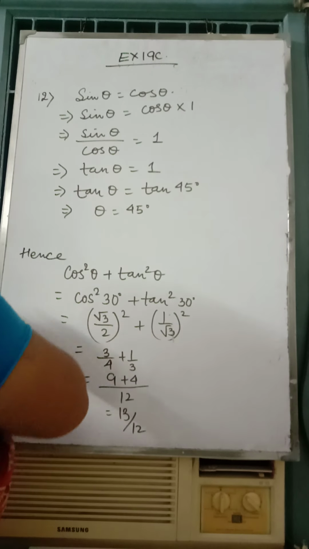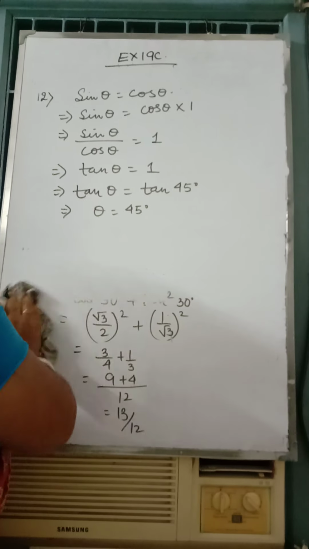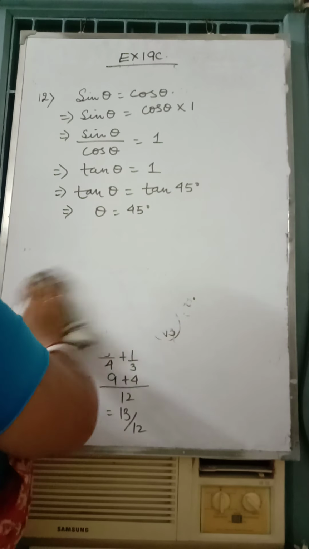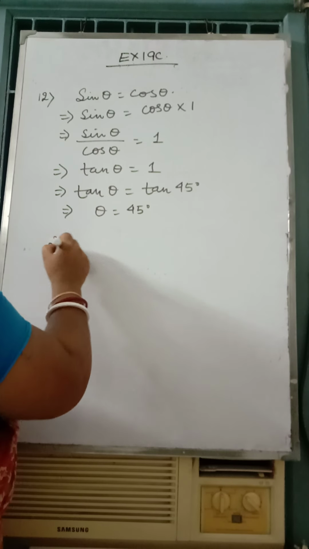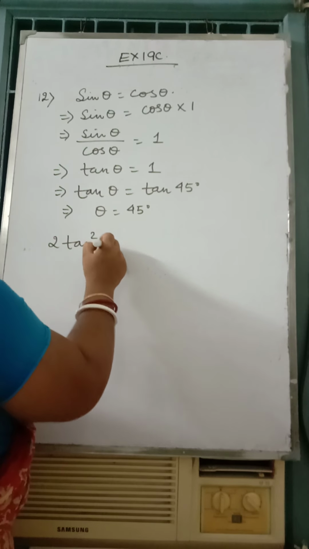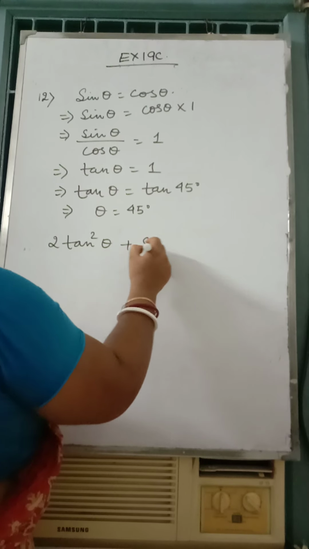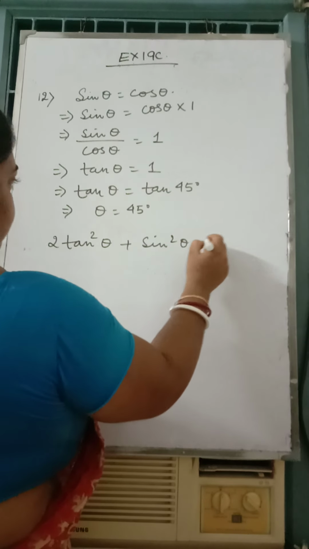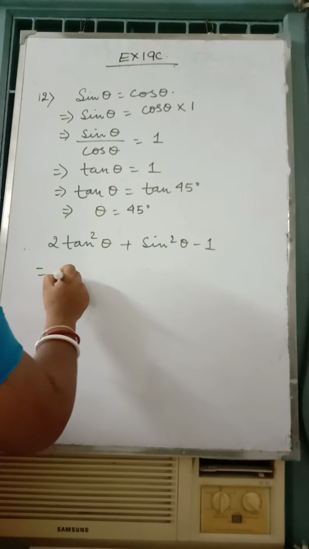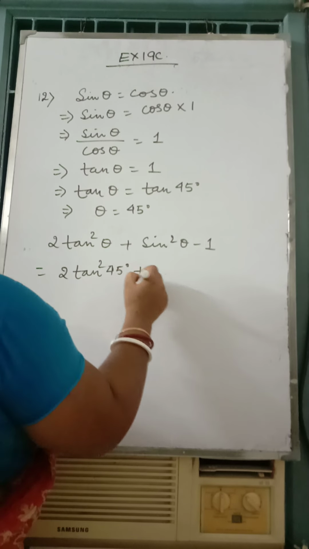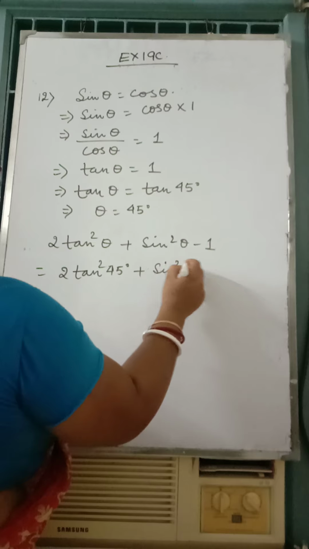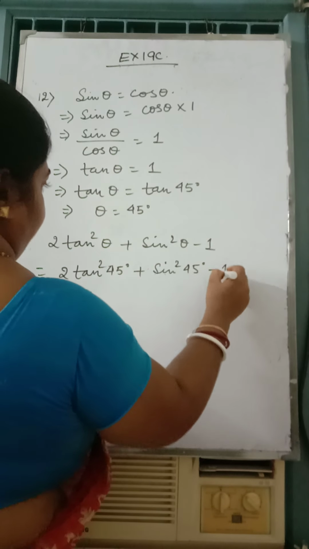Now they have asked you 2 tan square theta plus sin square theta minus 1. So it will be 2 tan square 45 degree plus sin square 45 degree minus 1.